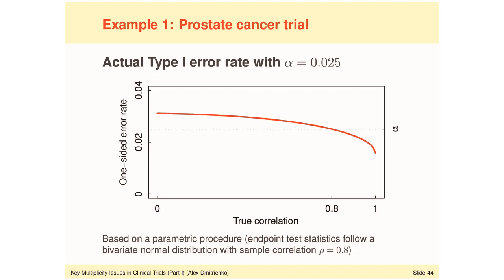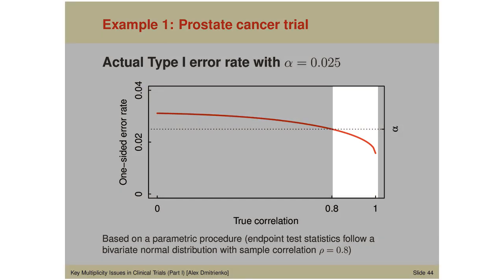And this plot provides a graphical summary of the key characteristics of the resulting parametric multiple testing procedure. We see here that when the true correlation equals the sample correlation, the parametric procedure does a perfect job of preserving the error rate. The one-sided error rate is exactly 0.025.